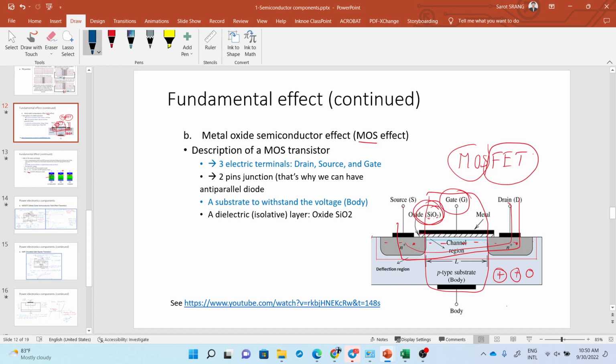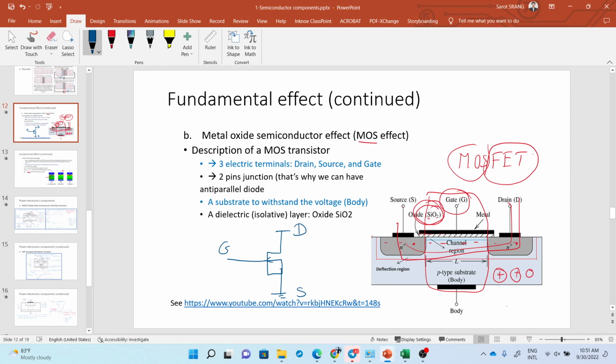So let me draw the schematic of this MOSFET. We have this one is drain, this one is source. This is gate.